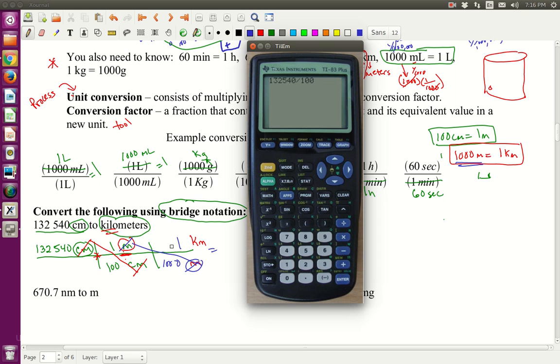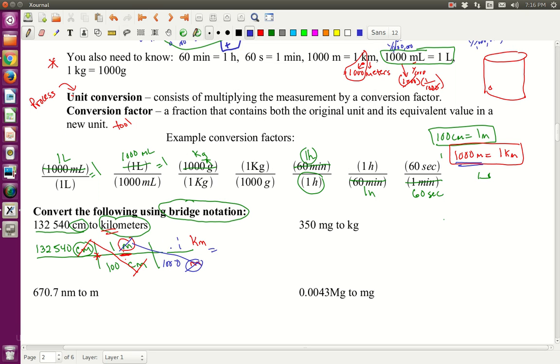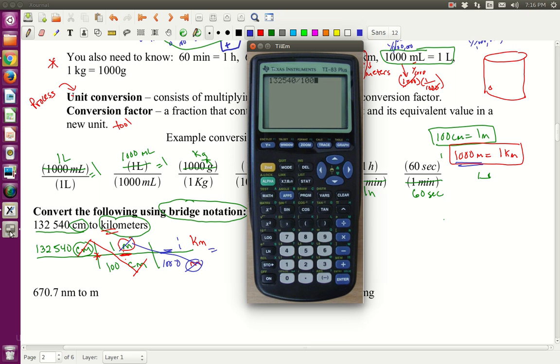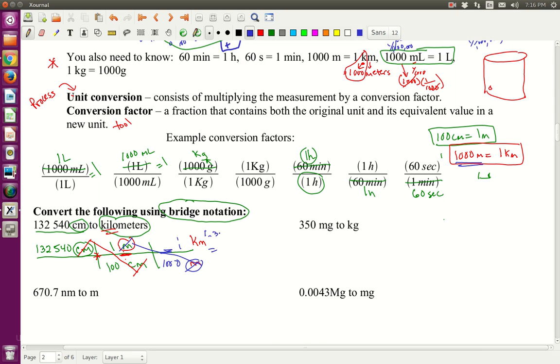So since it's still saying division, I'm going to divide again by 1,000. So pull it back up. So I divided by 100. I'm going to divide again by 1,000. And that gives me my answer of 1.3254. So 1.3254 kilometers. And that would be my answer. 1.3254. So let's try this next one.